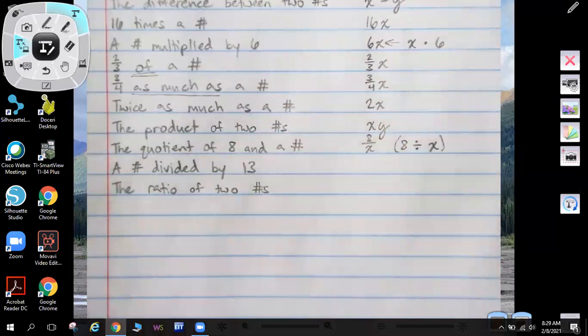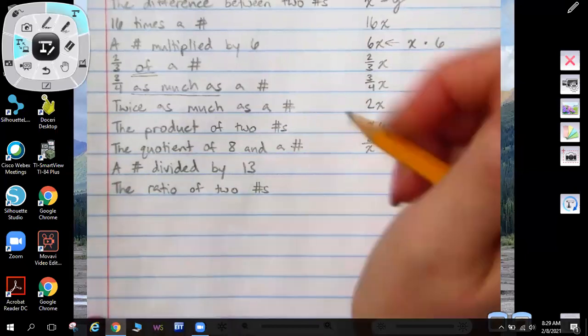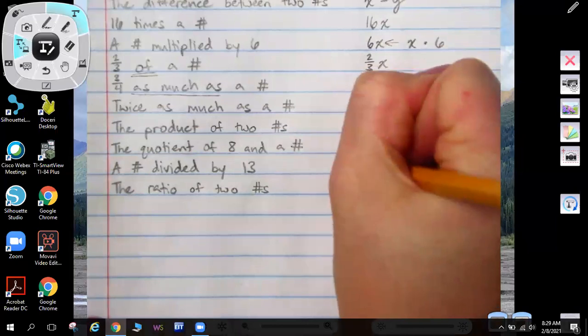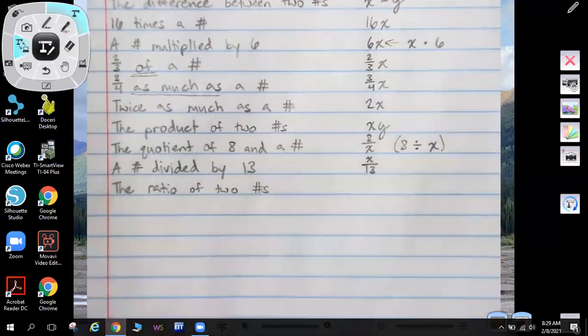Next one, a number divided by 13. So this time x is in the numerator and we're dividing by 13. So x over 13. Last one, the ratio of two numbers. Ratio means you're dividing two numbers.